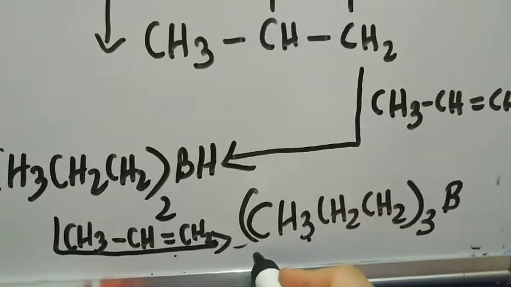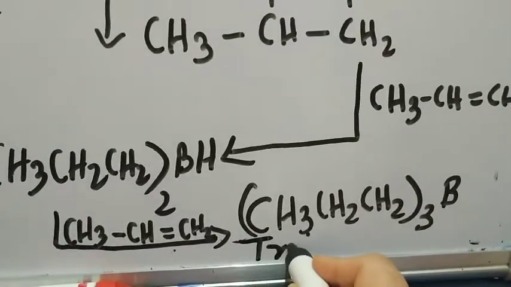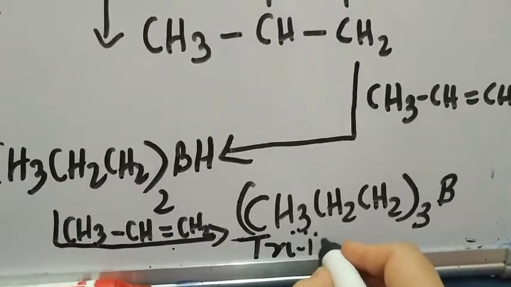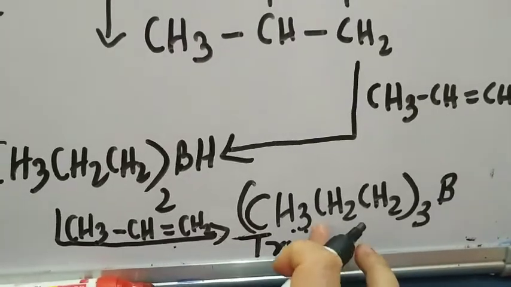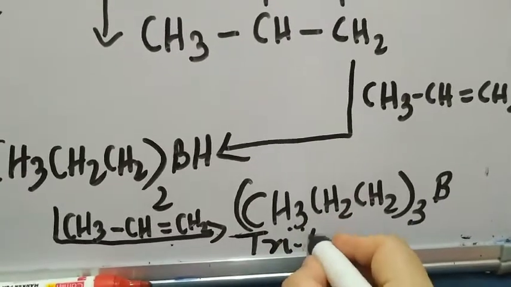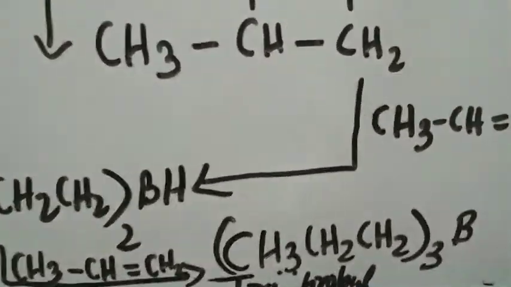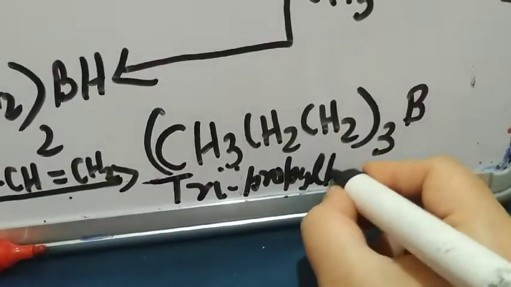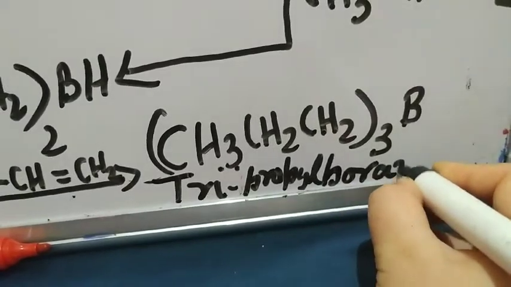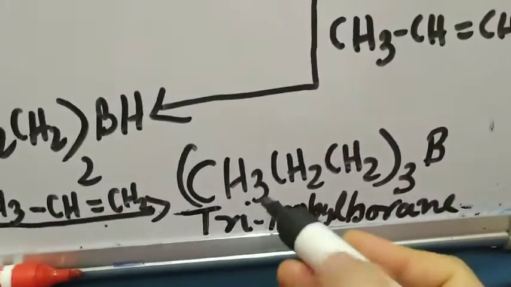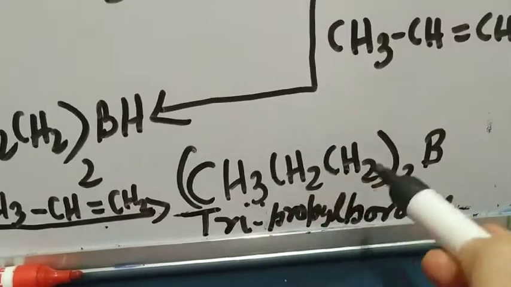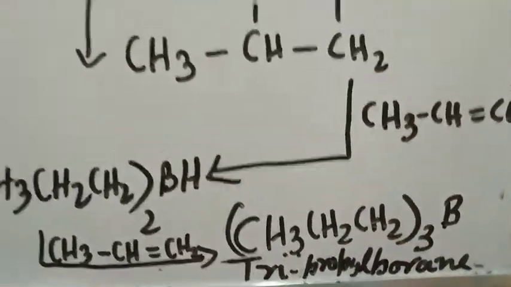This compound has a name: normal propyl, tripropyl borane, because we have derived it from borane. The compound is tri-normal-propyl borane. This is the first step.